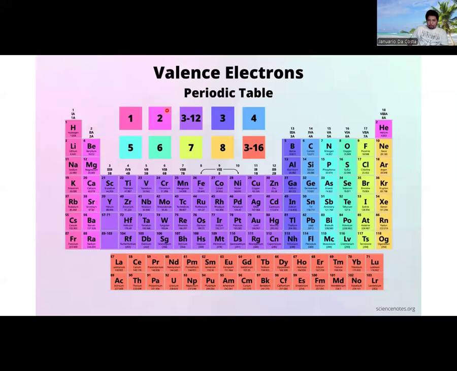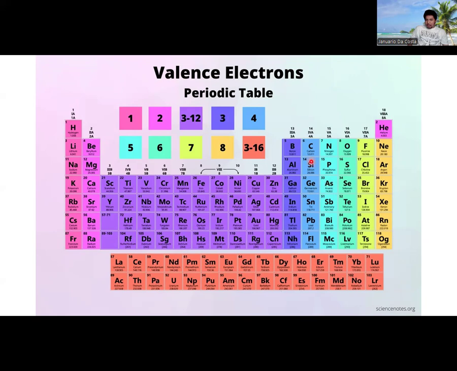This region over here, the valence electrons vary, between 3 and 12. And this color over here, boron, aluminum, gallium, indium, and thallium, has 3 valence electrons.